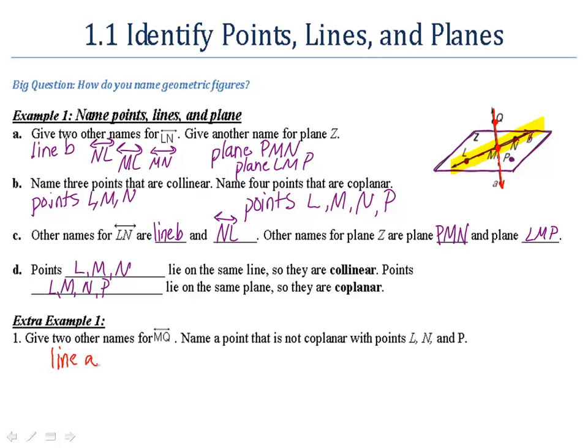Or I could flip M and Q around and say line QM with the line symbol. And those would be my only options for names. Name a point that is not coplanar with points L, N, and P. So points L, N, and P are on plane B here. A point that's not on that plane would be point Q.